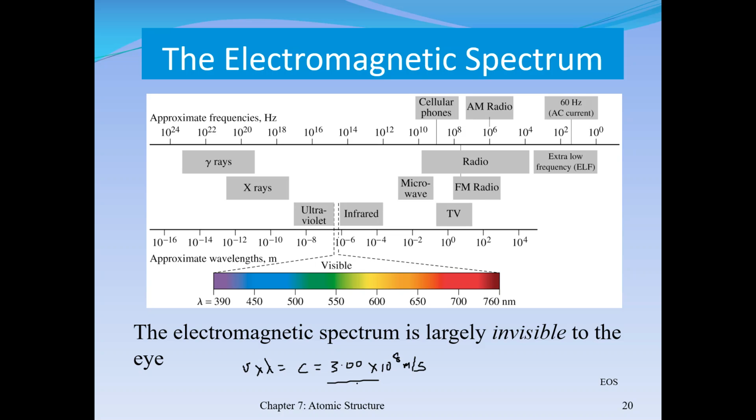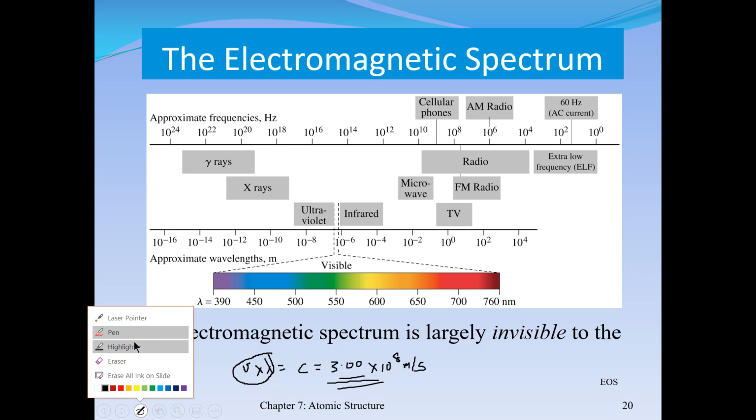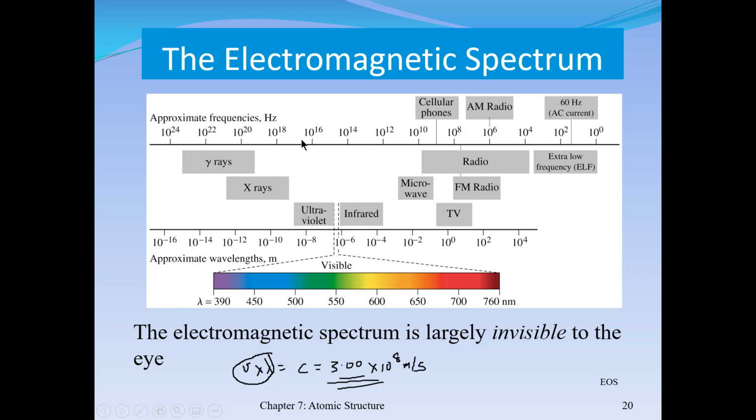So because this is constant, that means that there's an inverse relationship between the frequency and the wavelength. So as the frequency increases going from right to left, the wavelength would decrease and vice versa, all right?